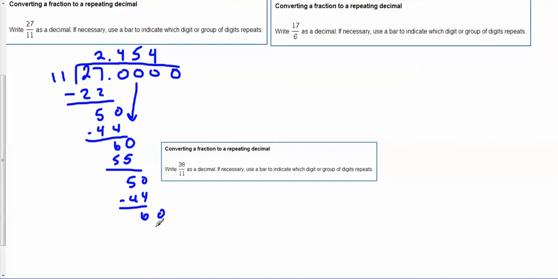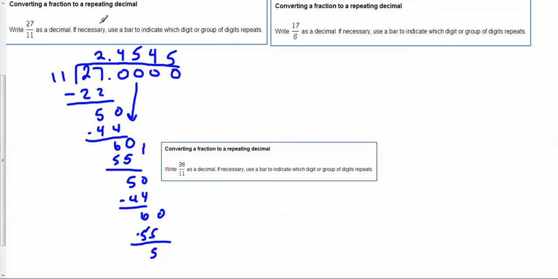Bring down my 0. So what I see is that 4 times 11 is going to give me 44. 50 minus 44 is always going to give me a 6. It's always going to be the same thing. 50 minus 44, 50 minus 44, or 60 minus 55, 60 minus 55.